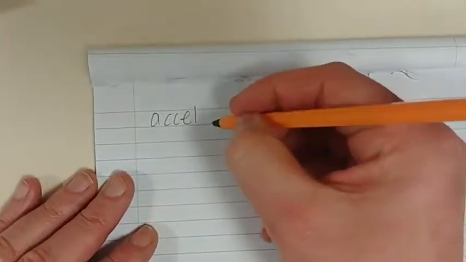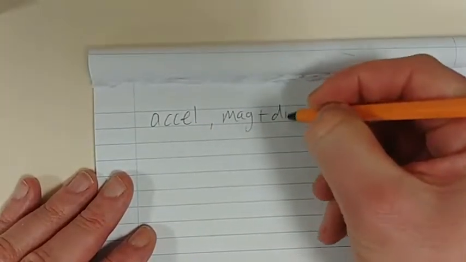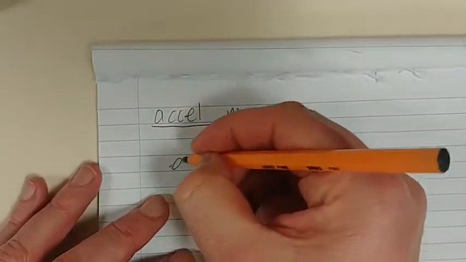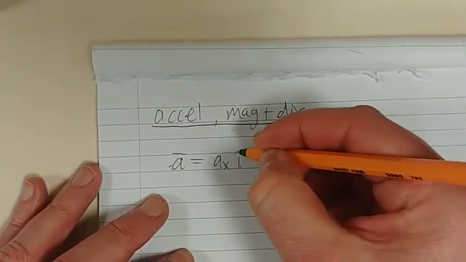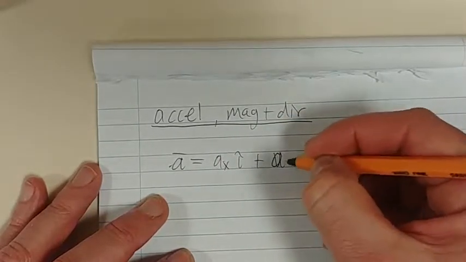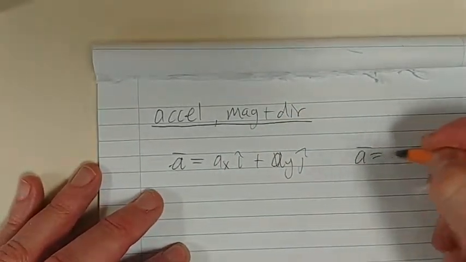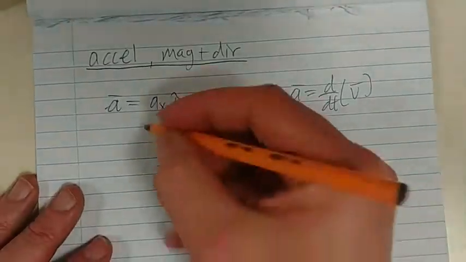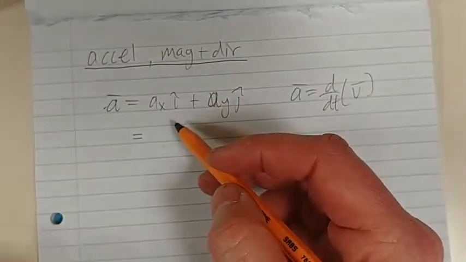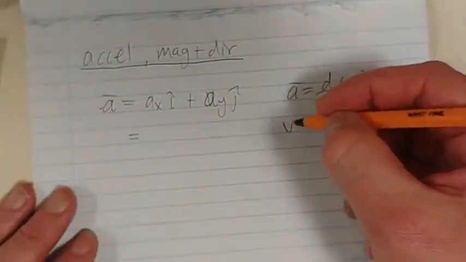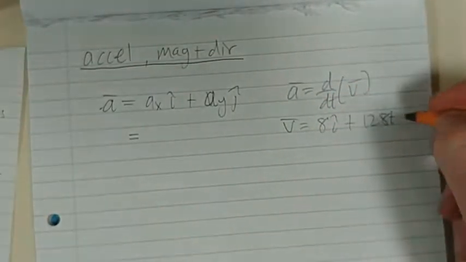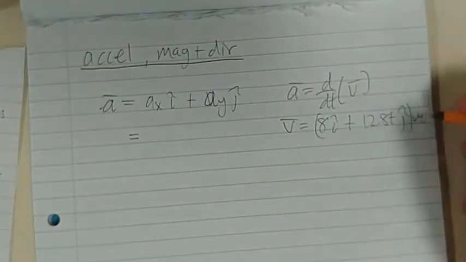But now we also want acceleration. We want the magnitude and direction of the acceleration. So again, this is why I like to write it out in vector form, ax i plus ay j. And we know that a is just d/dt of v. V was given by 8i plus 12.8t j meters per second.